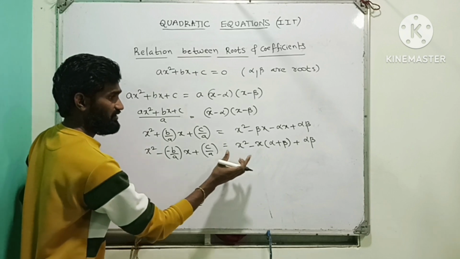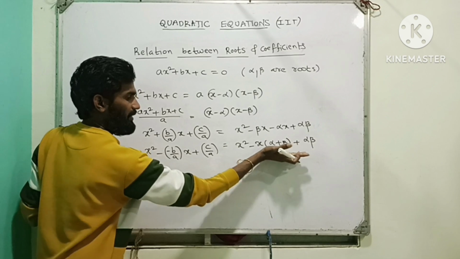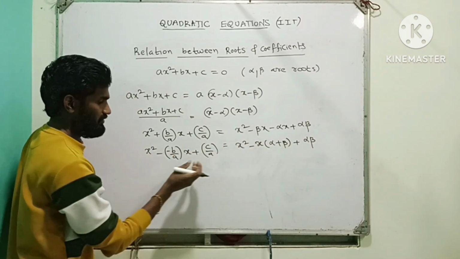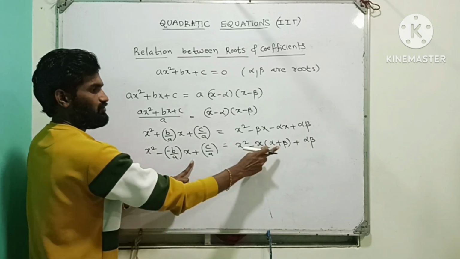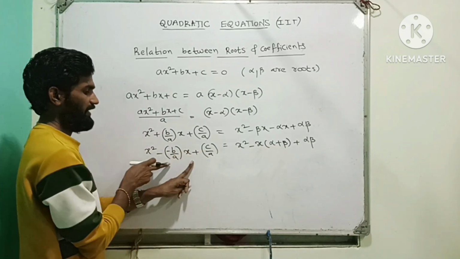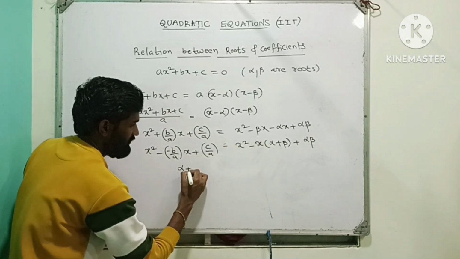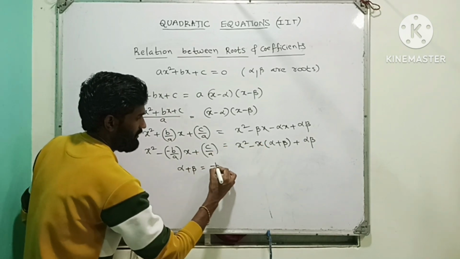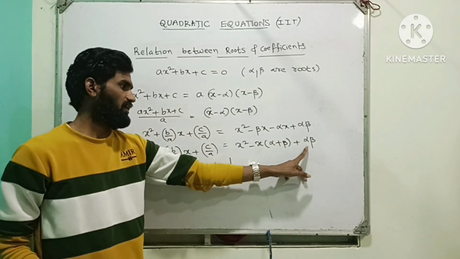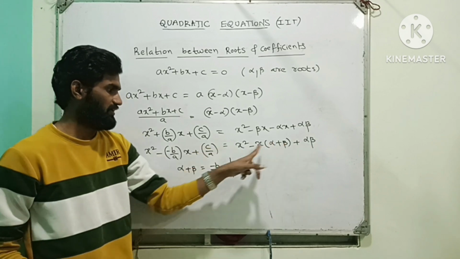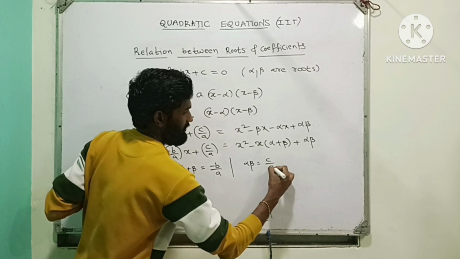Now here if you observe, just compare these two. X square is there and x is there. The x coefficient here is alpha plus beta and here it is minus b by a. So in place of alpha plus beta we can take minus b by a. And in place of alpha beta, this is a constant term and here it is a constant term, so alpha beta is equal to c by a.